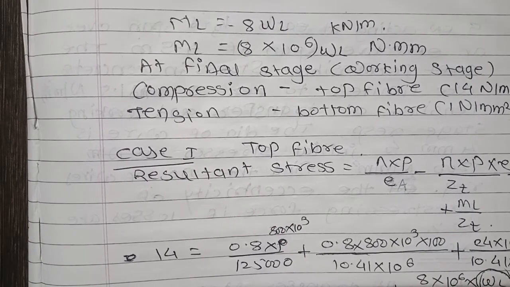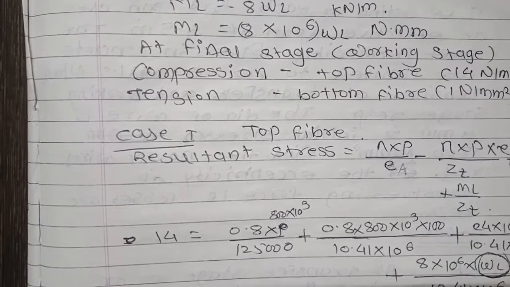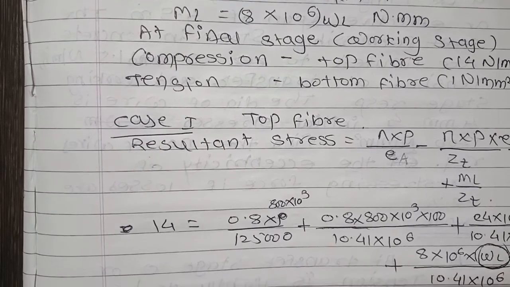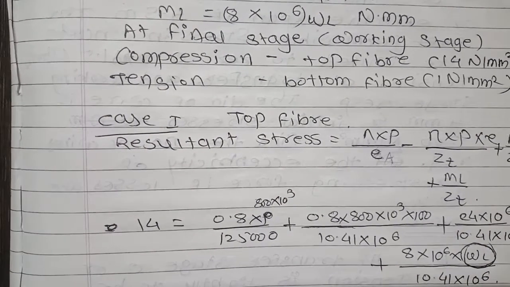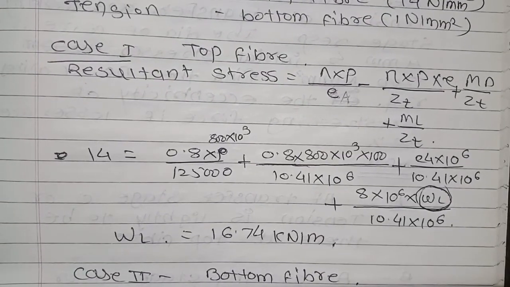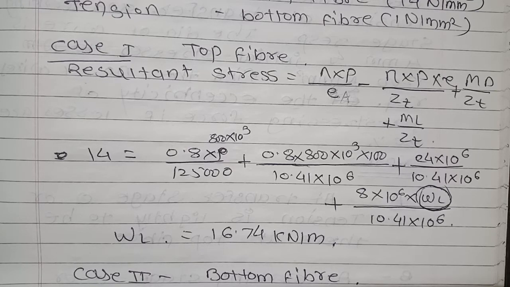Now at final stage, this is given in the problem. That's why at final stage means working stage. Compression in the top fiber is given as 14 Newton per mm square, and tension in the bottom fiber is given as 1 Newton per mm square. That's why case 1: top fiber resultant stress equals all the stresses.